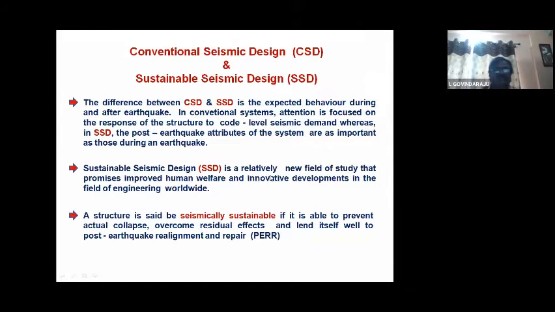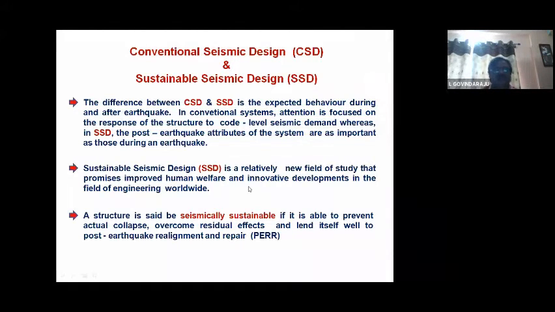Sustainable seismic design is a relatively new field of study. Please note that it is a new field of study that promises improved human welfare and innovative developments in the field of engineering worldwide. This is an evolving area which has now slowly started in the US and some more fast-forward countries.